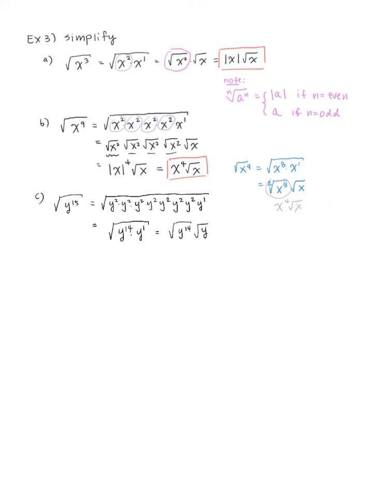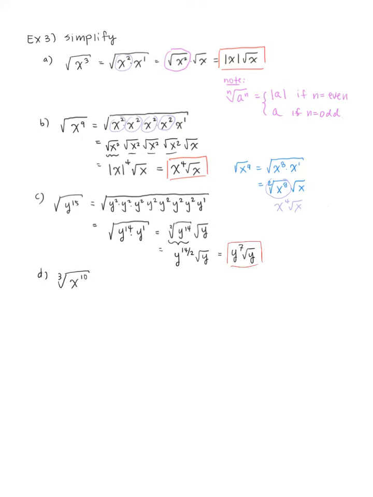Since there is that invisible 2 sitting here, this portion is going to give us y to the 14 over 2 times square root of y. So we're going to get y to the, what power is that? 7 and square root of y, and that's going to be our answer.